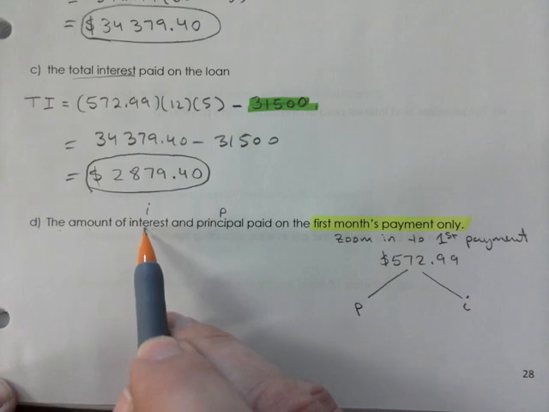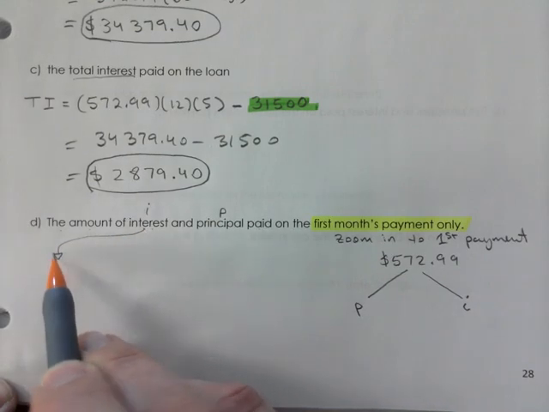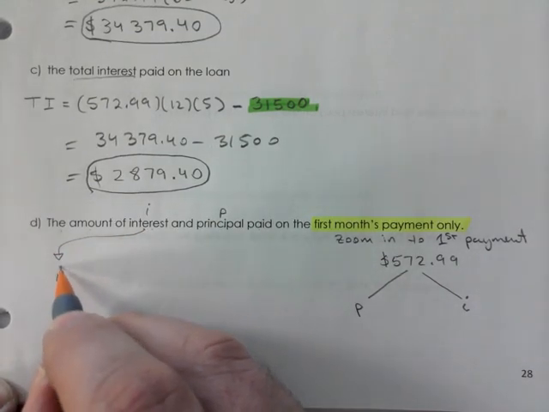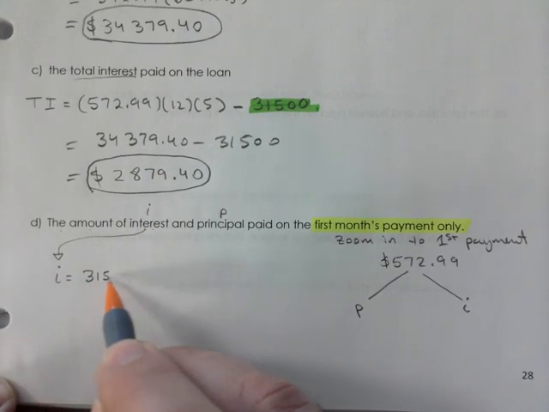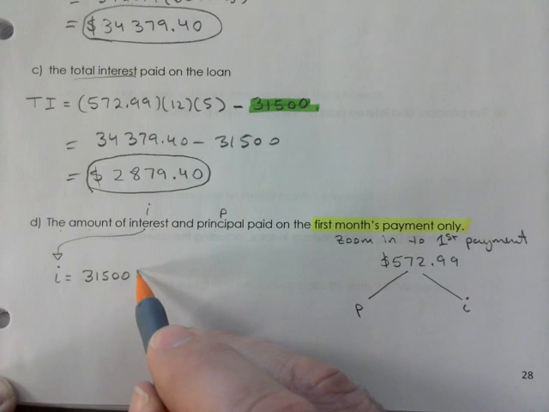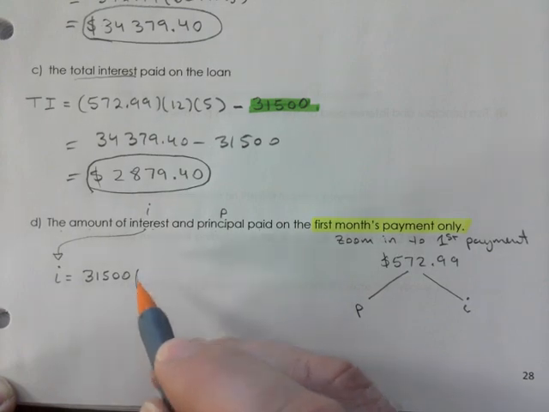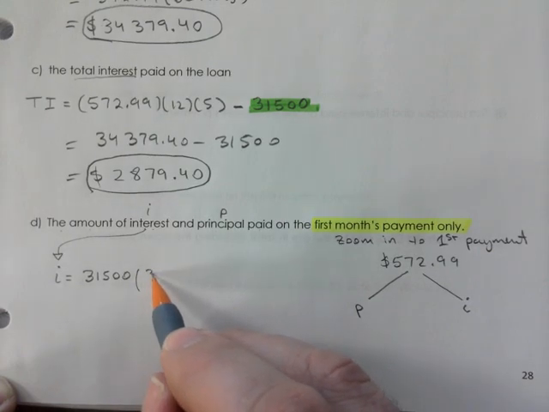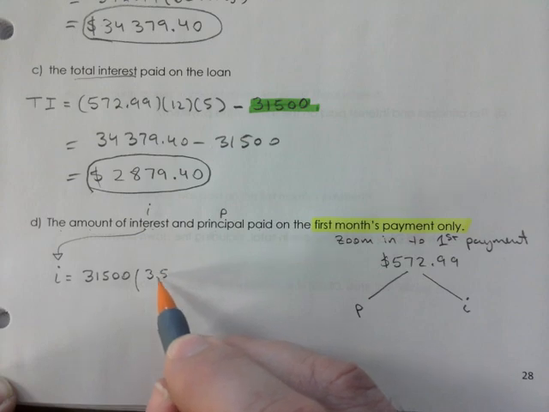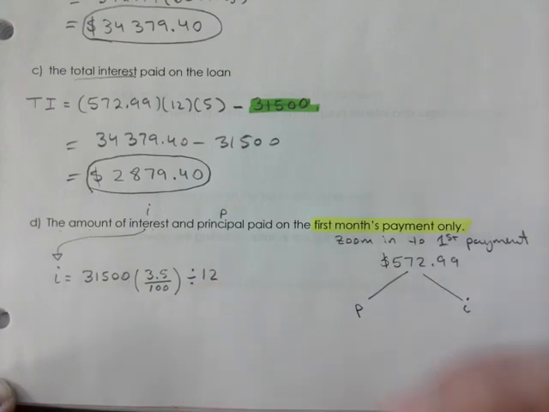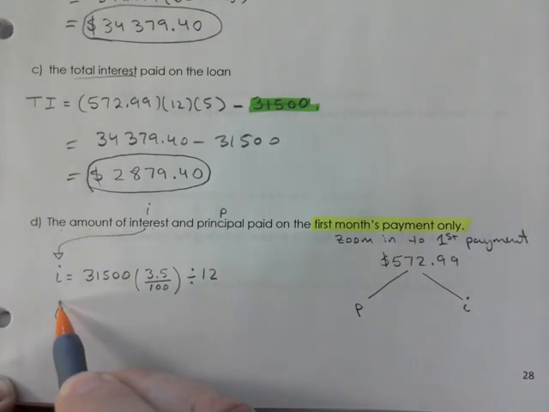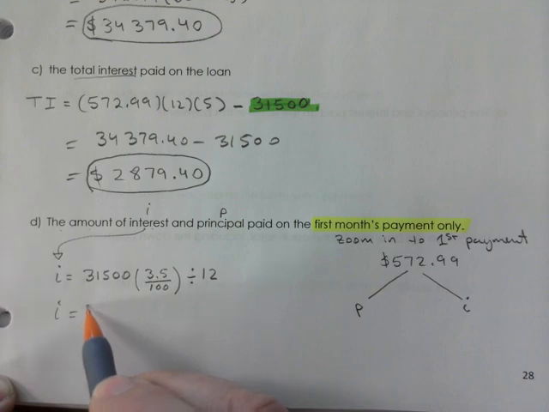And this is the one you need to start with if you're not given anything, which is i is equal to loan times the interest rate, okay guys? 3.5 divided by 100, all of that divided by 12. Let me do this one more time.